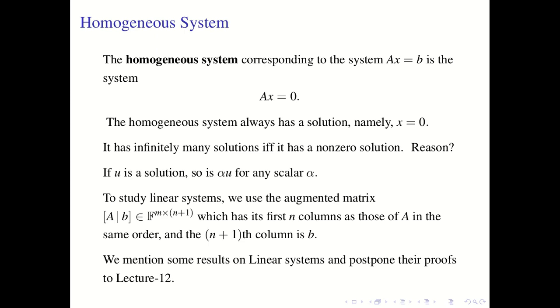That is, the first n columns are A and the n plus first column is b. First we look at some of the results on linear systems. We do a couple of examples and then we will prove these probably in the next lecture, lecture 12.